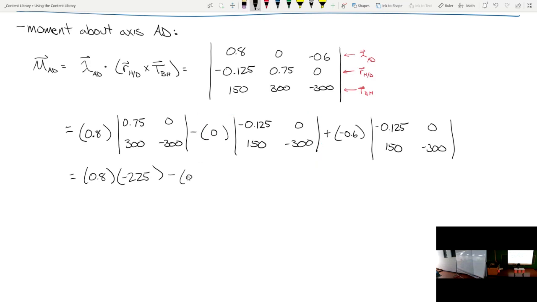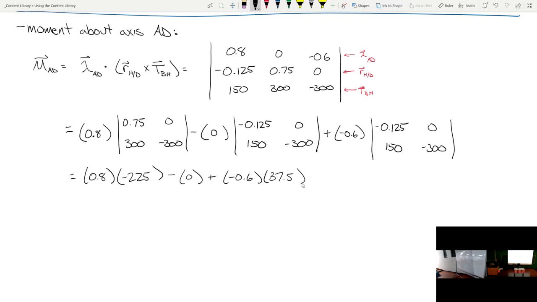So that's 0 plus negative 0.6 times, and then what do we have here? We got 0.125 times 300. Get a plus. 37.5. Did I get that right? I do. You tell me.